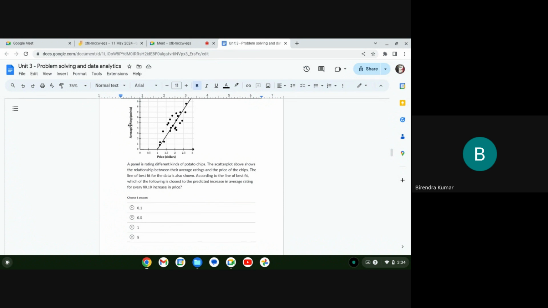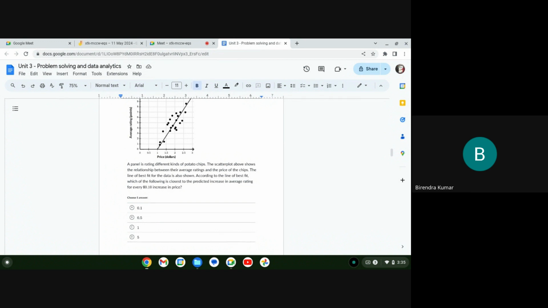Predicted increase in average rating for every 10 cents increase in price. Now you read it in reverse. What it is saying is, for every 10 cents increase in price, what is the predicted increase in average rating? I'm just reading this sentence upside down, straight, whatever.